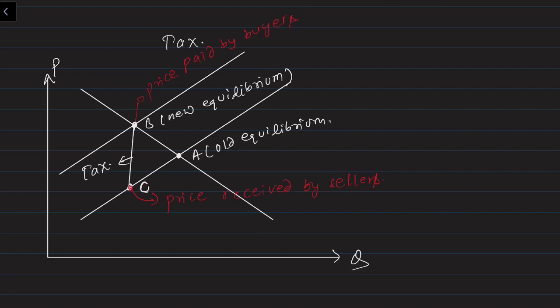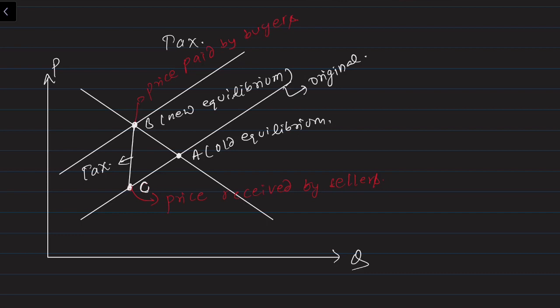And along this same original supply curve, this is our original supply curve, the point has moved from A to C, right? So the burden of tax has been shared on both the parties, on both buyers as well as sellers.